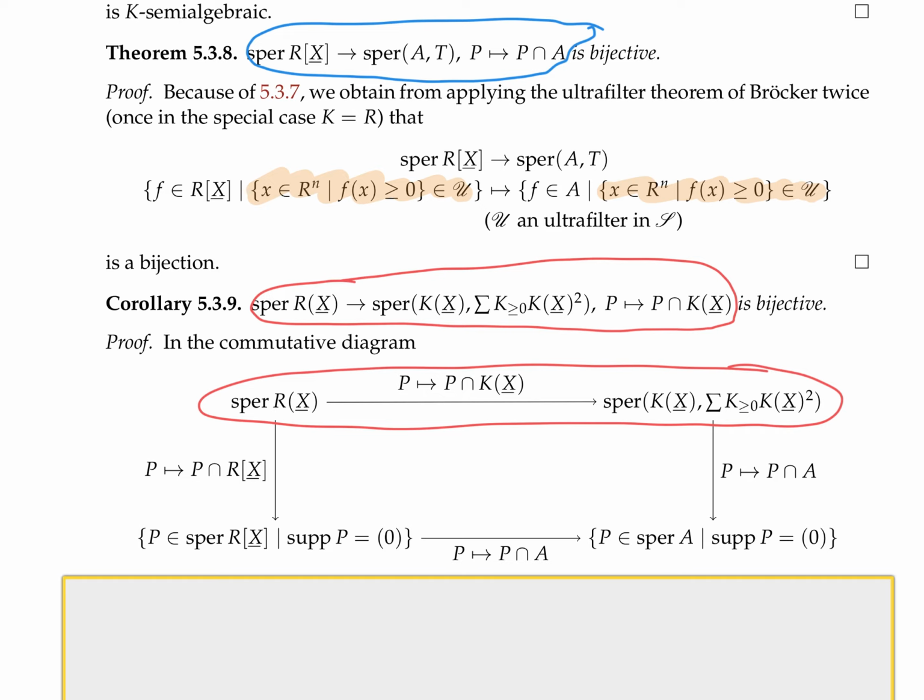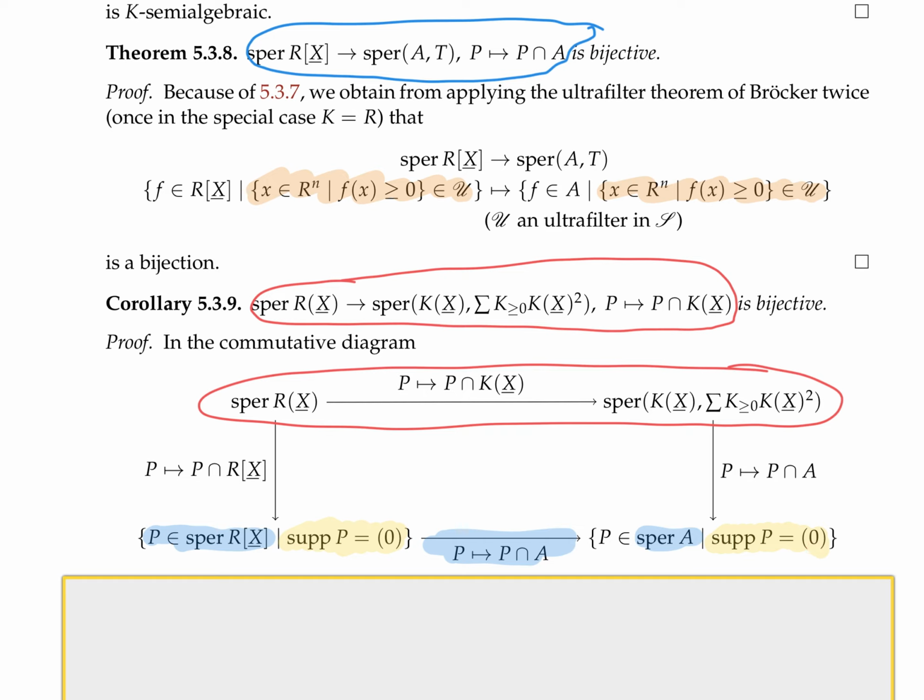This somehow has to do with this map here, right? Except what is new here is what I highlight now in yellow: here I take only those which are of support zero ideal. But still this is a well-defined map. If I start here with a prime cone of this polynomial ring whose support is the zero ideal, it is mapped here, of course, again to such a prime cone whose support is the zero ideal.